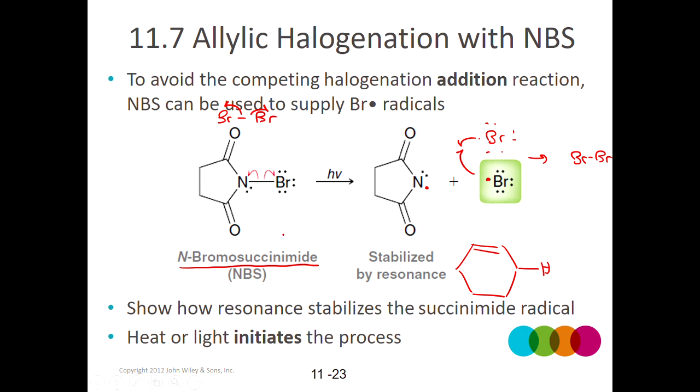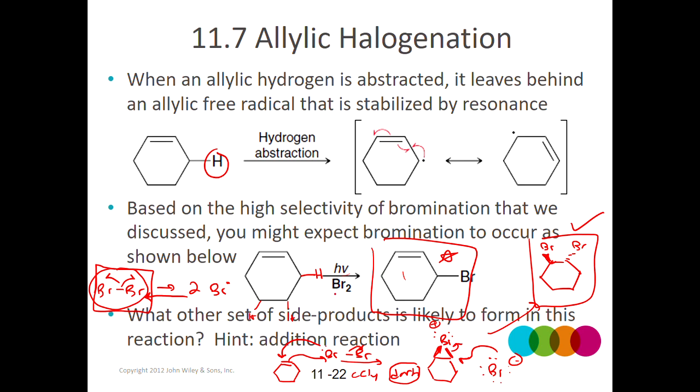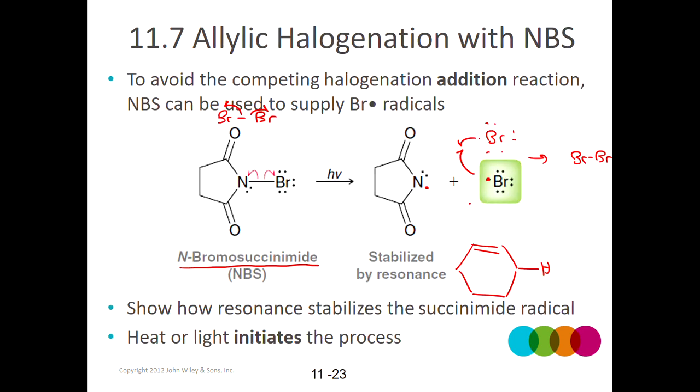But since I'm not adding Br2 directly in some large quantity, I just have the Br radical mostly. That would be very likely to do the hydrogen abstraction, produce a carbon radical, and then the carbon radical could pick up a Br and give me the desired product.